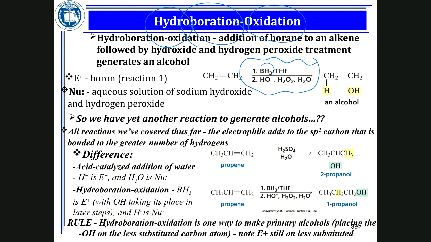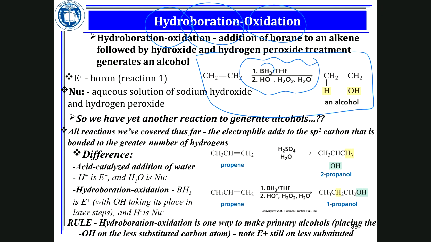Is there any hint in this reaction telling me it's going to give the anti-Markovnikov product, without knowing the mechanism? I'm trying to make it easy for you. You look for hints to see if it's anti-Markovnikov or not.